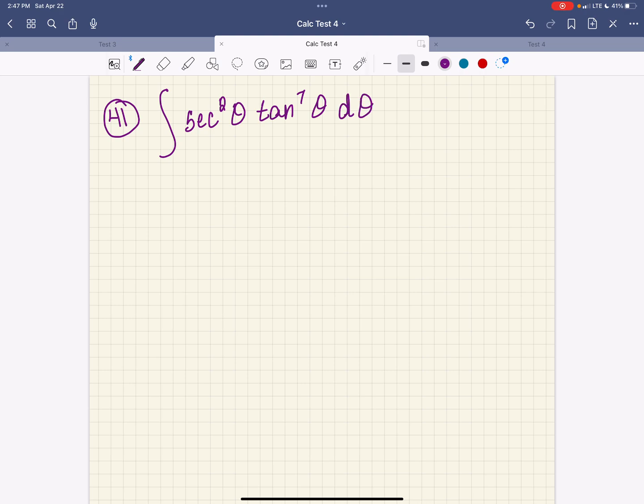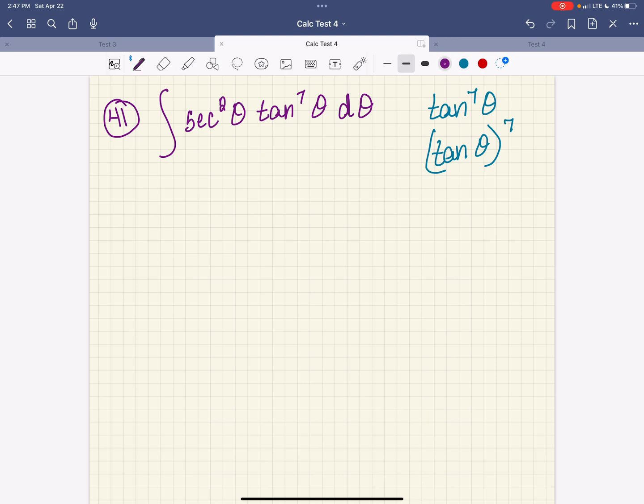And just remember that what that means, tangent to the 7th power of theta, is the same thing as tangent of theta to the 7th power. That's just reminding you what that is.